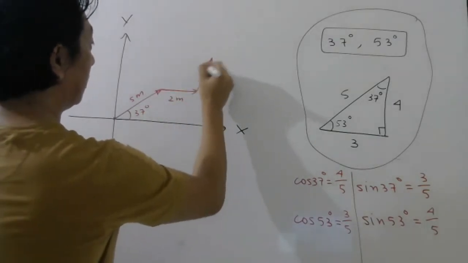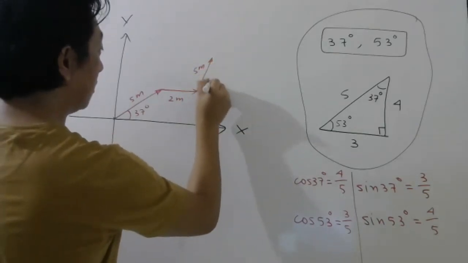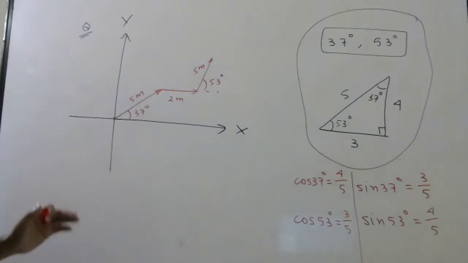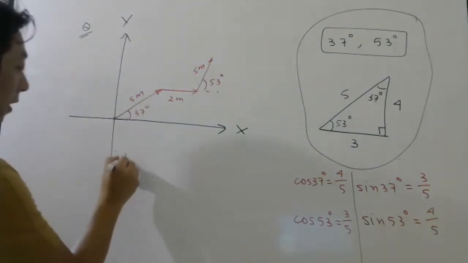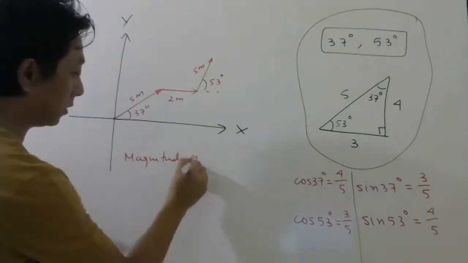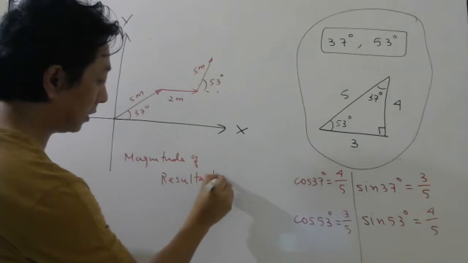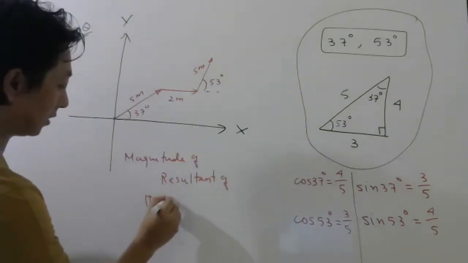And this vector is again 5 meter long at 53 degree. I want magnitude of resultant of the three vectors.